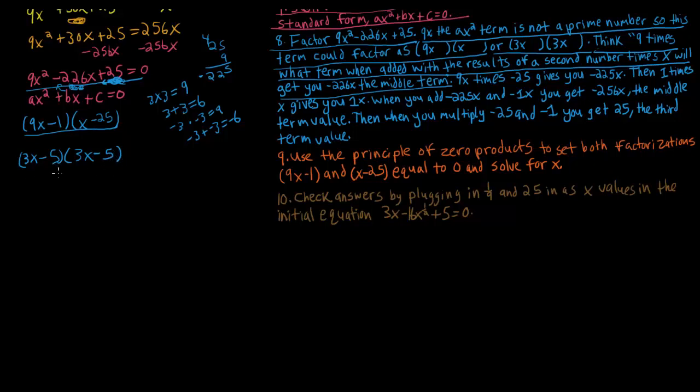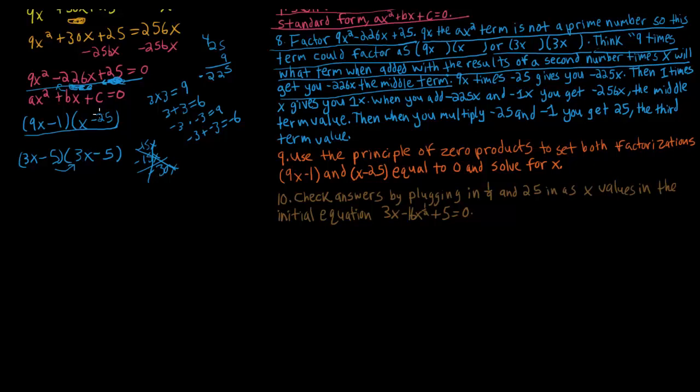This term right here, negative 5 times 3x is negative 15x, and if you add negative 15x plus negative 15x, you get negative 30x, and negative 30x is not negative 226x, so this one's not going to work. So this is our factorization, 9x minus 1 and x minus 25.